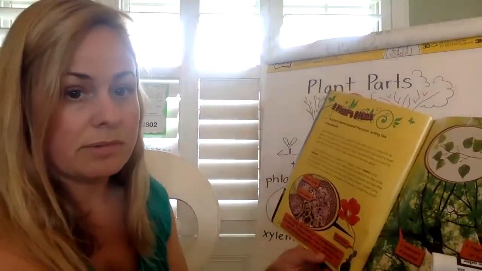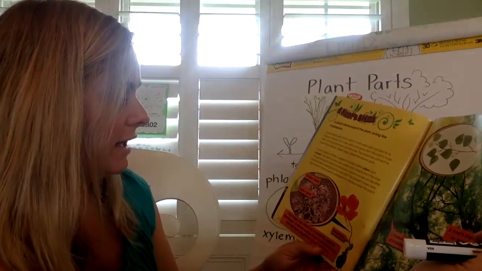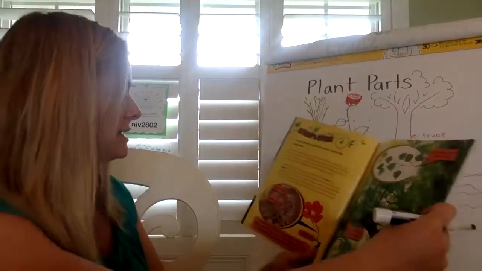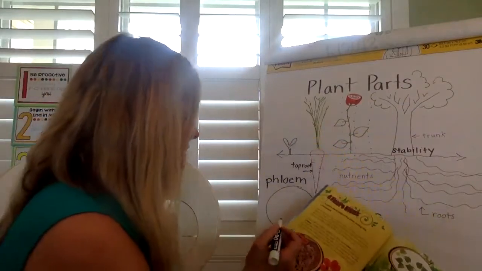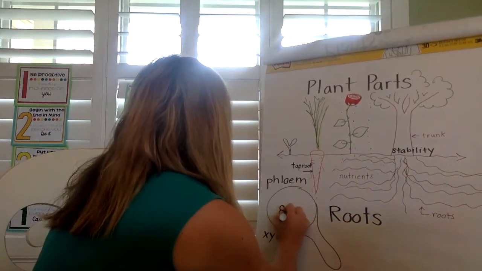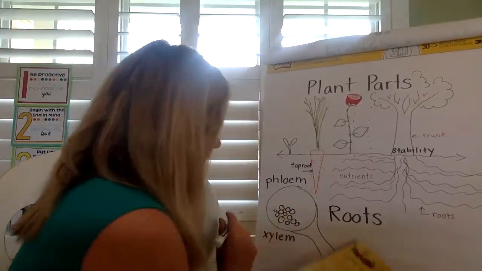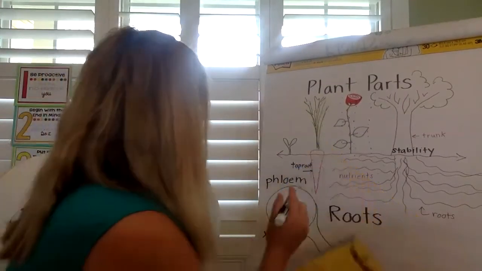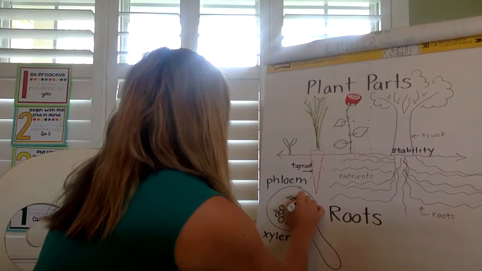So this is really blown up closely for us to see. And looking at that magnified image, you can see the little tubes inside. The xylem tubes are a little bit bigger, and the phloem tubes look a little bit smaller, and they're kind of more in a wavy pattern.